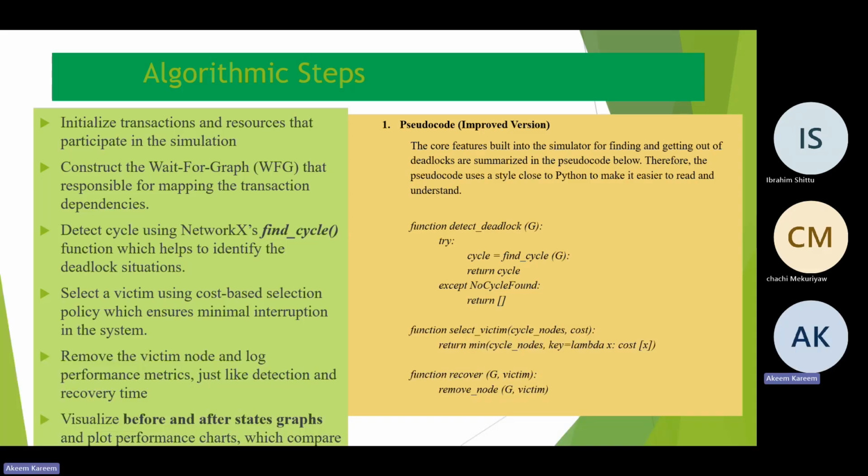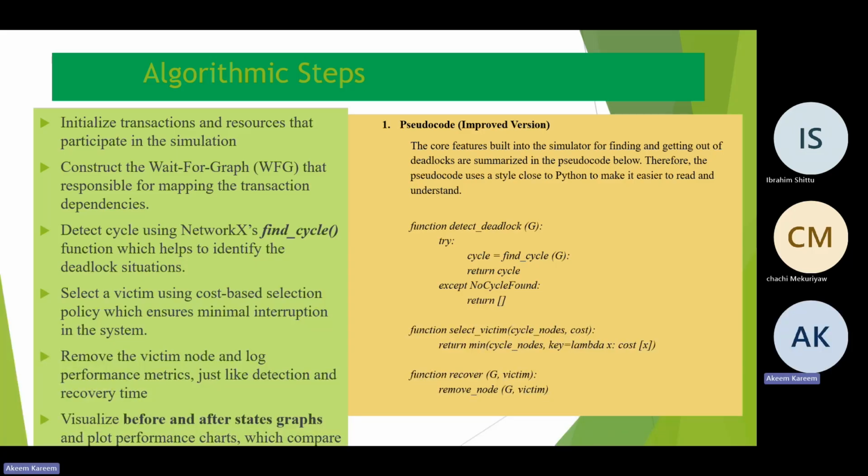Here I'll be talking about the algorithm setup. Let me give a quick rundown of how our simulator works step by step. We start by initializing the transactions and resources. Next we build a wait-for graph where each edge represents one transaction waiting for another. The system then checks for a cycle using the NetworkX find_cycle function.